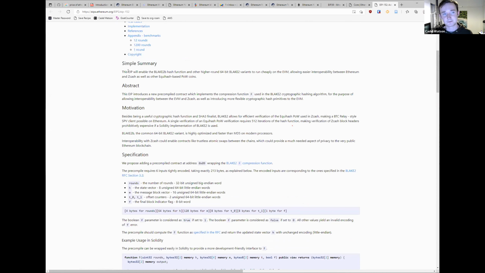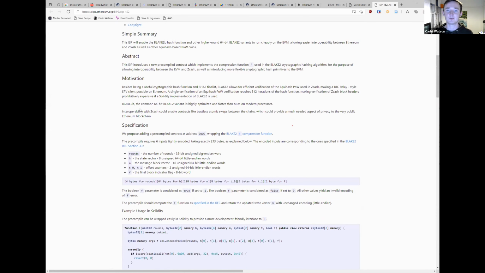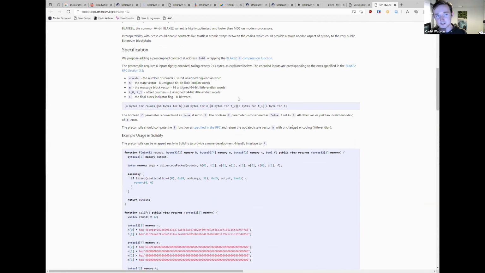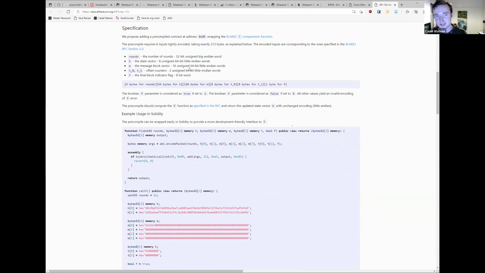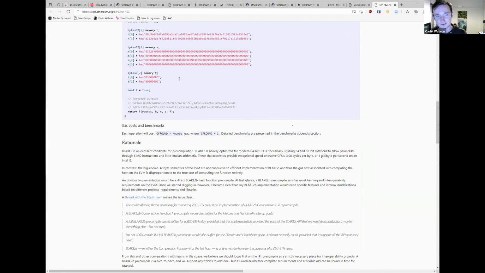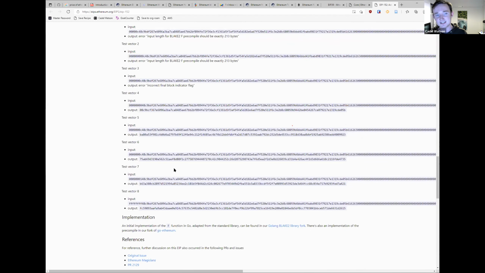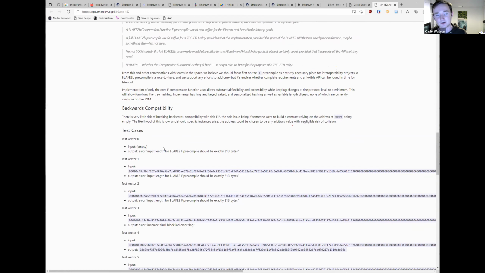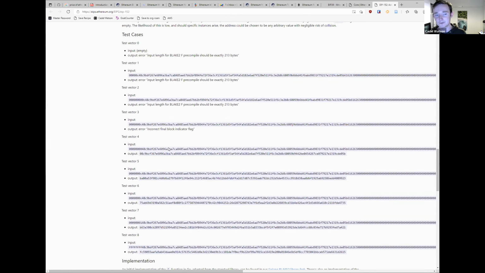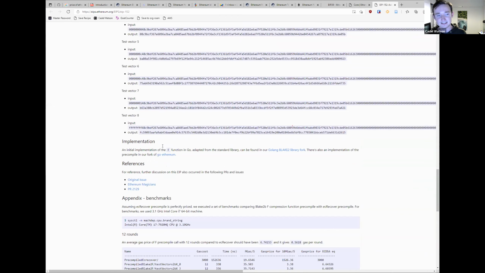They've got a summary, so it adds a certain hash function. It's got a motivation. So why do they want this? Why is this useful for the network? And why should the community adopt this proposal? Then they have the technical details, the specification, all the code and so on. They might add test cases and talk about how we can make sure that this is correct before we deploy it to the network.